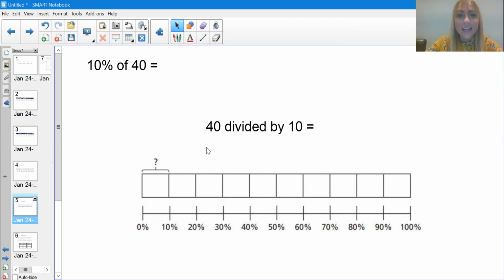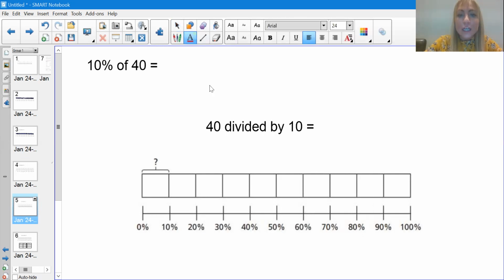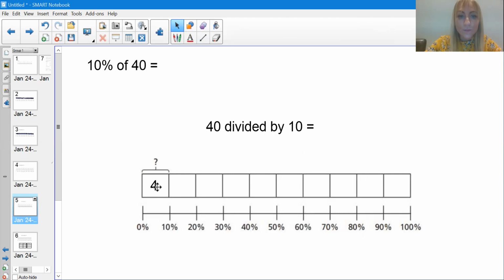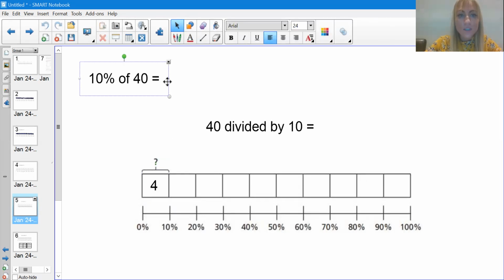Okay, so you should have had a little go yourself. If I am doing 40 divided by 10, I know that in each section I'm going to have 4, because 40 divided by 10 is 4. So 10% of 40 would be 4.